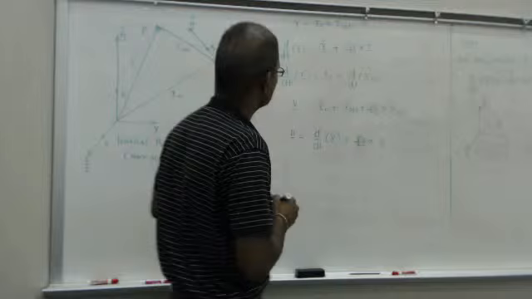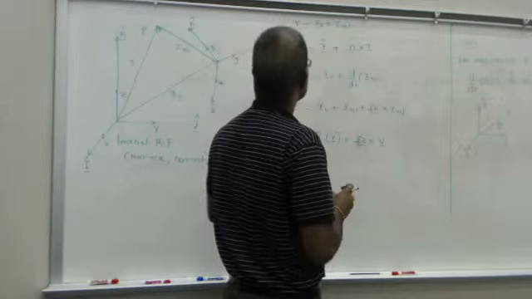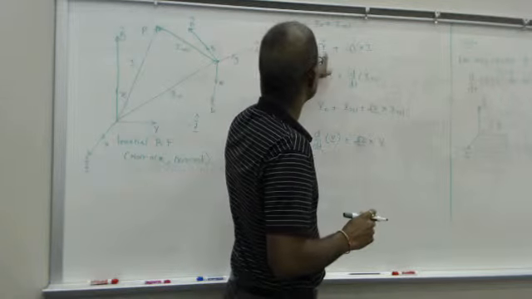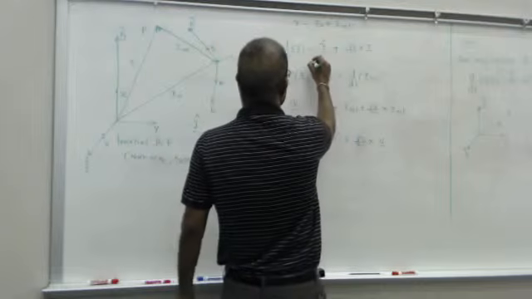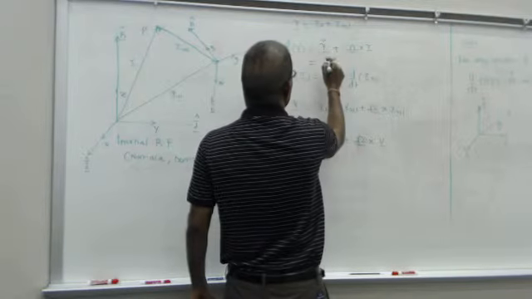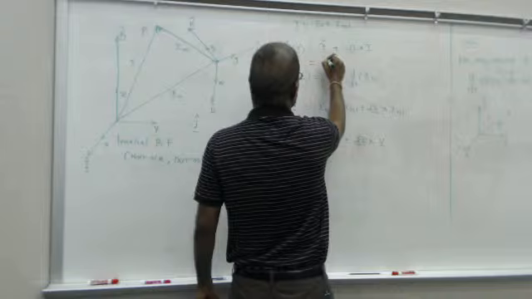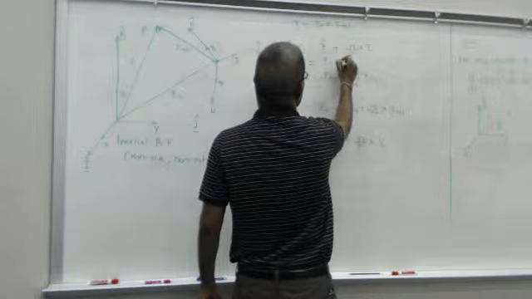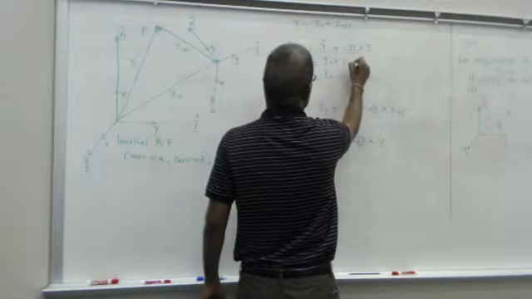So what you do is, you have this, and you're just going to substitute what R is. What is R? R naught plus R relative.